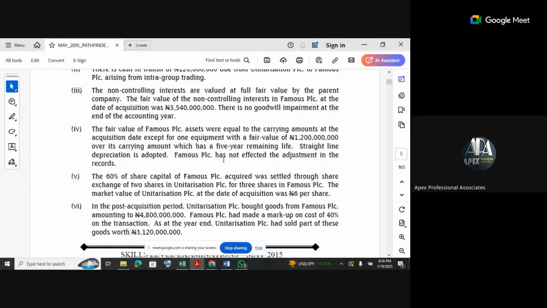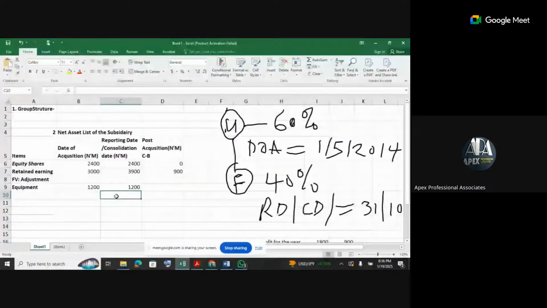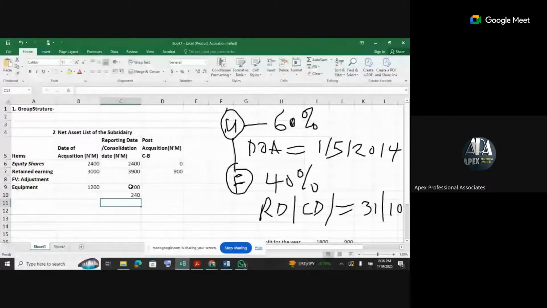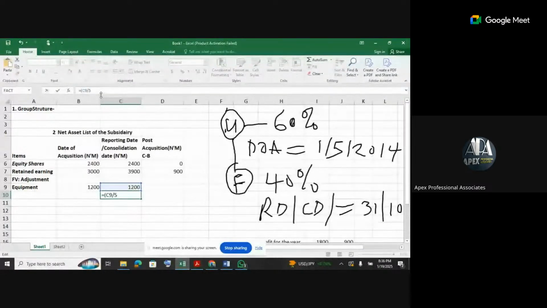They say the depreciation is a 5-year remaining life. Normally, to get the depreciation, I would say equal to this divided by 5. That should have given me the adjustment. But recall that it is not up to 1 year. So calculating depreciation for 1 year would not give us the figure that we need. I need to multiply it by 6 out of 12 to get the actual value.